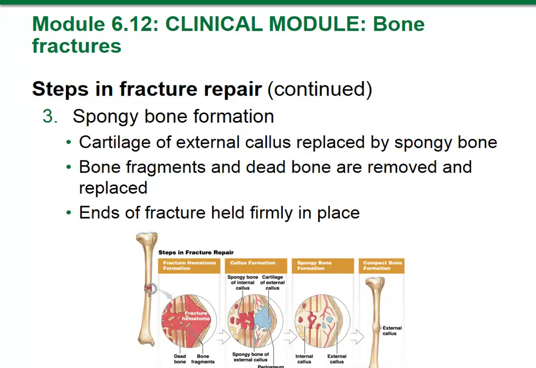Next, spongy bone formation occurs. The cartilage of the external callus is replaced by spongy bone. The bone fragments and dead bone are removed and replaced. And then the ends of the fracture are held together tightly.